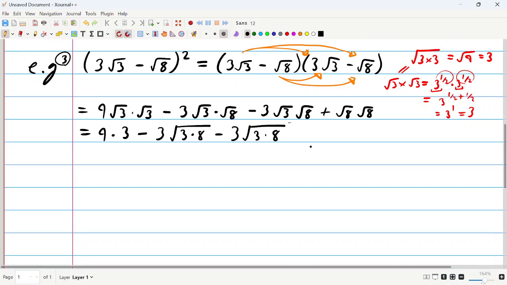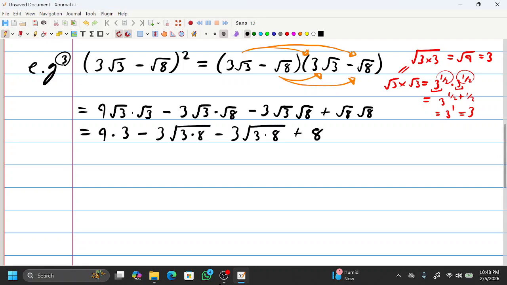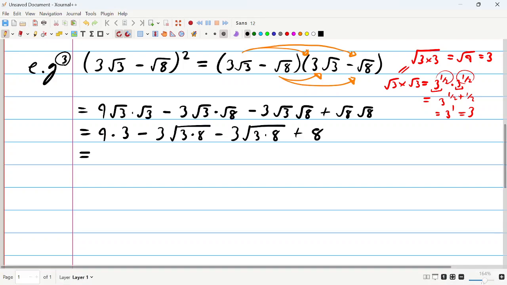Okay, so we do the exact same thing we did over here with this one. Plus the square root of 8 multiplied by the square root of 8. Notice we have two square roots which are the same multiplying each other, therefore we will be left with the original value, which is 8. Okay, cool. Now from here we have to simplify.